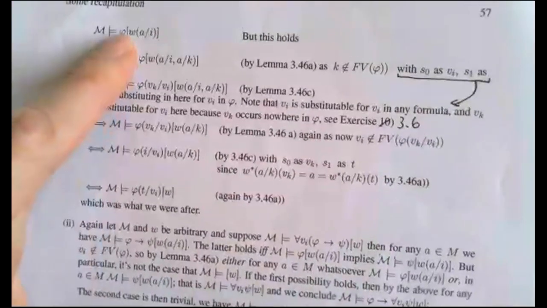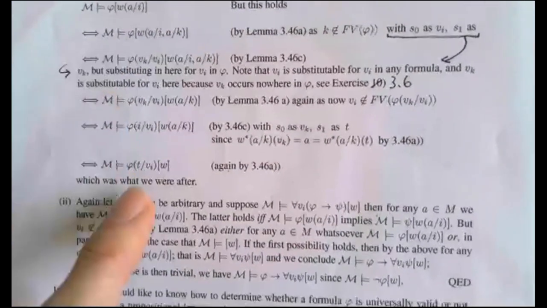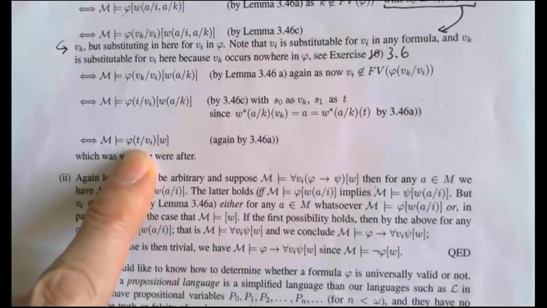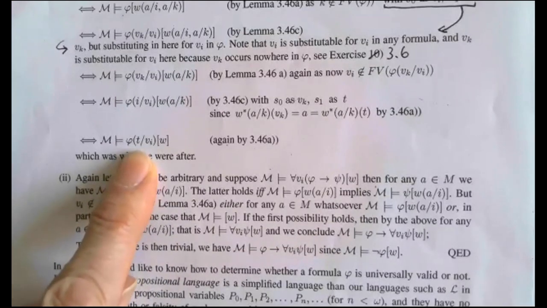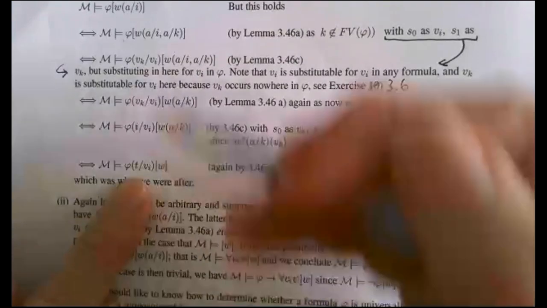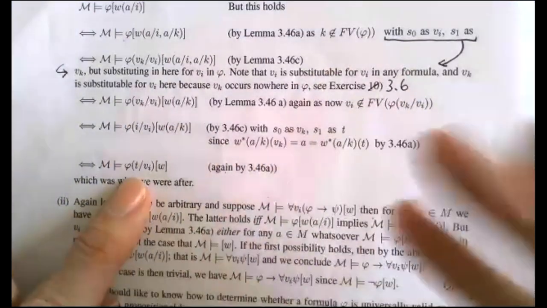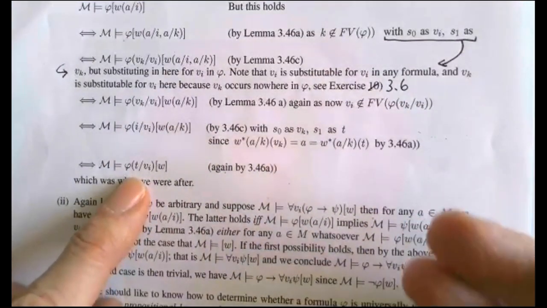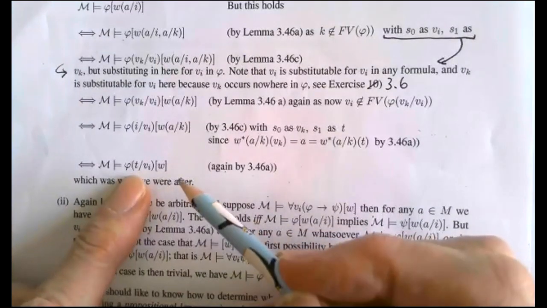Now I want to maneuver this, right, so that it looks like this here, which is my conclusion, which is what I want, right? But I have to go through a series of side maneuvers in order to get this to come out.